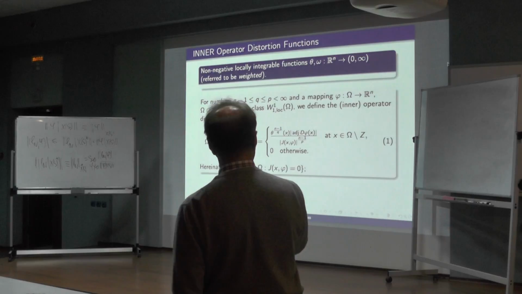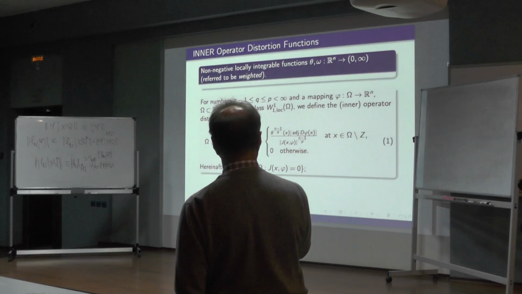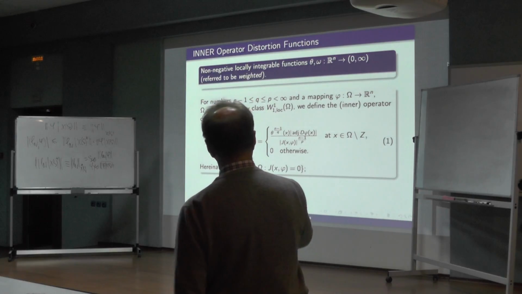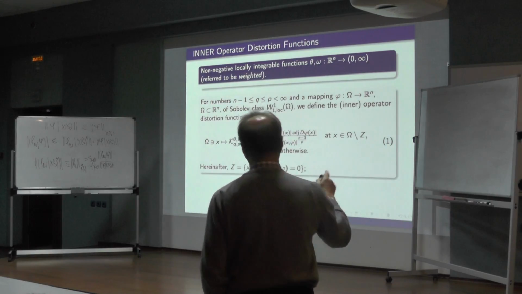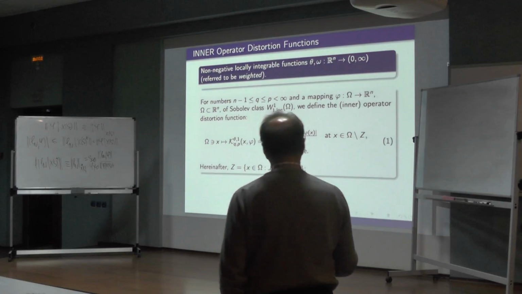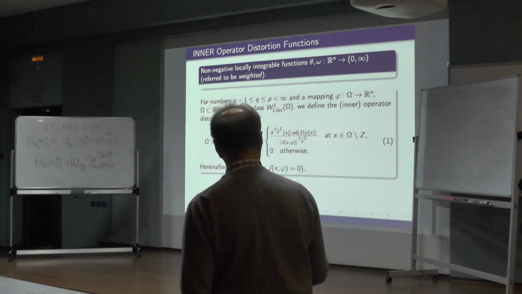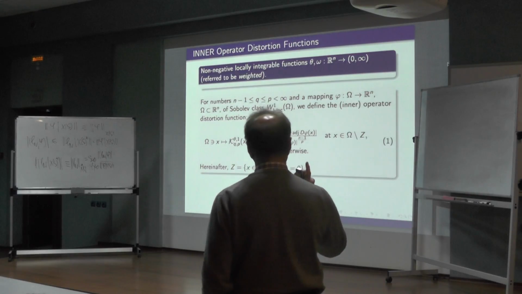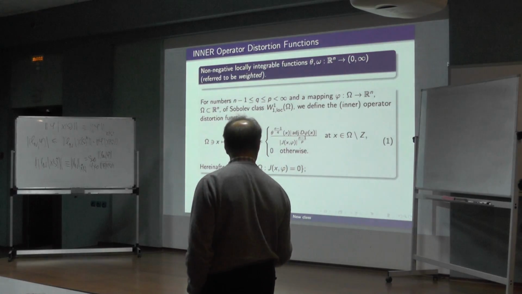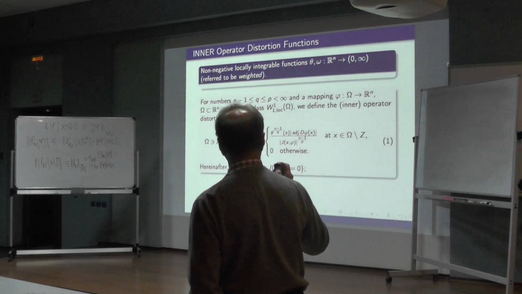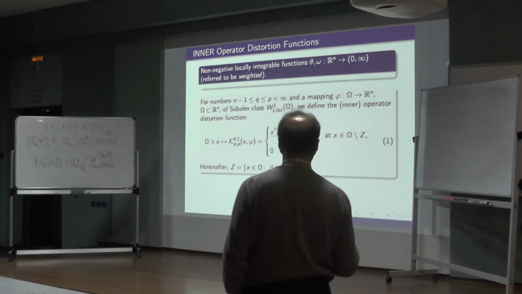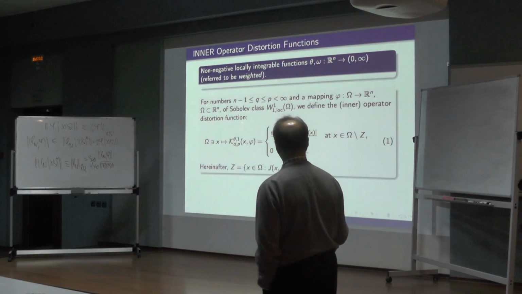It is given for mappings of Sobolev class W^1_1. It is supposed here that I will consider not only homeomorphisms but also some more general mappings. But the definition can be given for an arbitrary mapping that belongs to the Sobolev class. And the inner operator distortion function is defined in this unusual way.